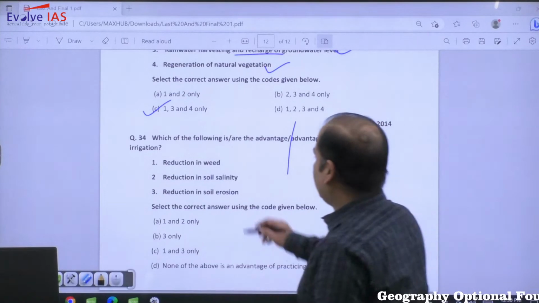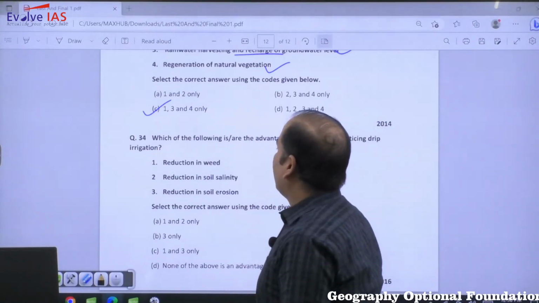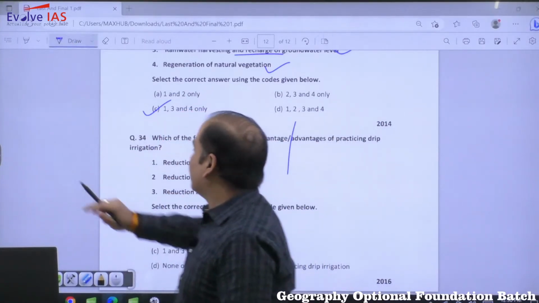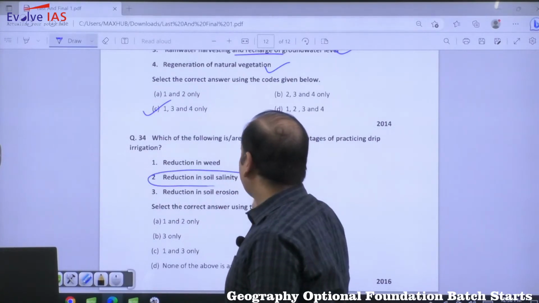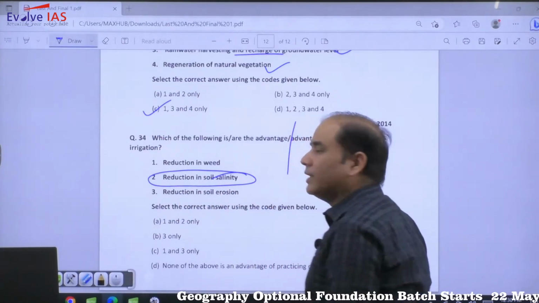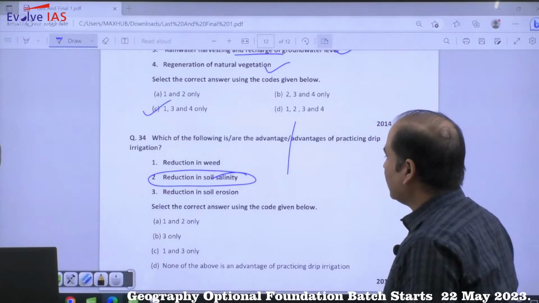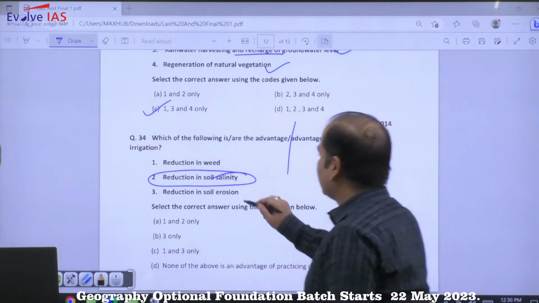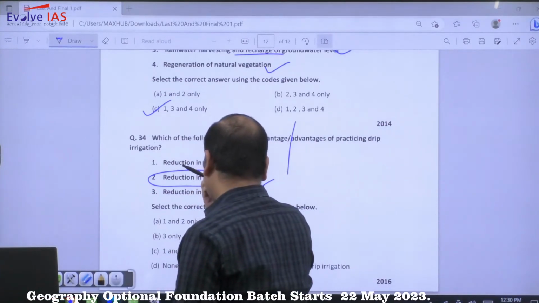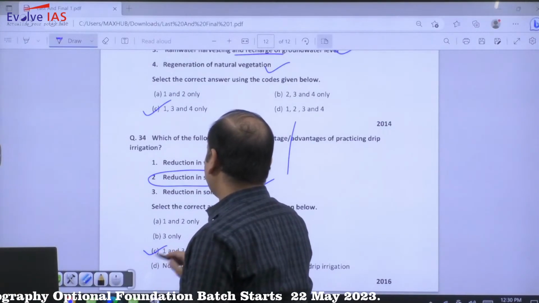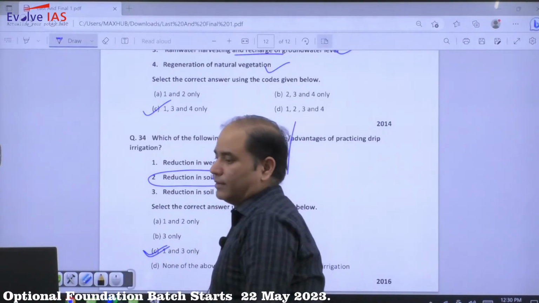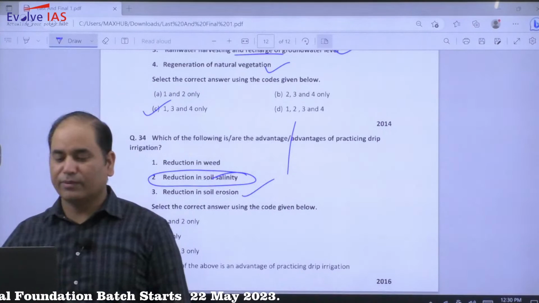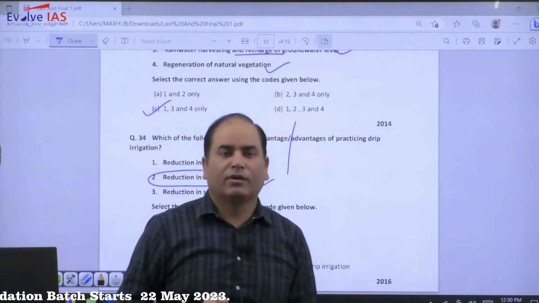Reduction in weed, that is correct. Reduction in soil salinity, again there is no association of drip irrigation with soil salinity. Reduction in soil erosion, yes, that is correct. So the answer will be 1 and 3 only. So the answer of this question will be 1 and 3 only.